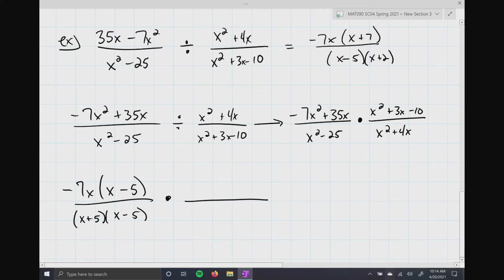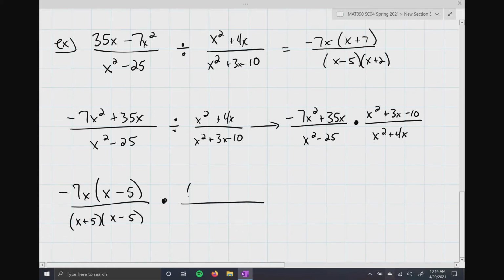For the second fraction, the numerator, no GCF. It's a trinomial with a 1 for leading coefficient term. So, double binomial, x and x, plus and minus, and it's looking like 5 and 2. And then my denominator, all I can do is a GCF of x plus 4.